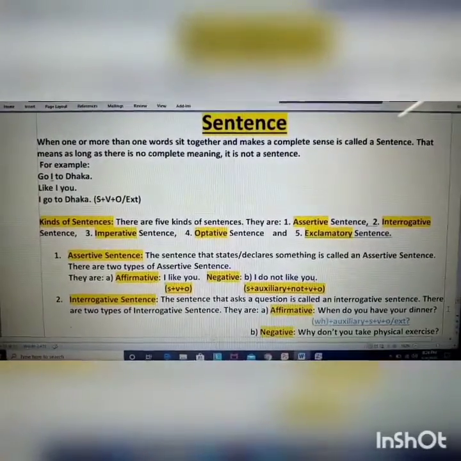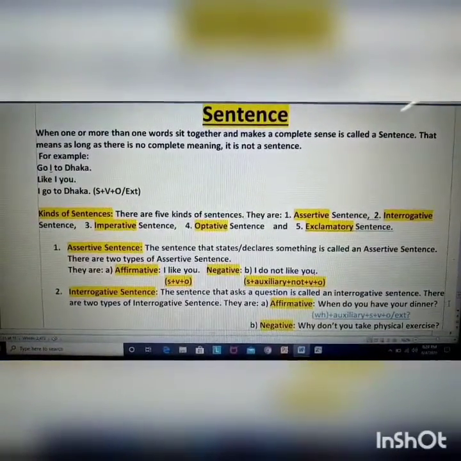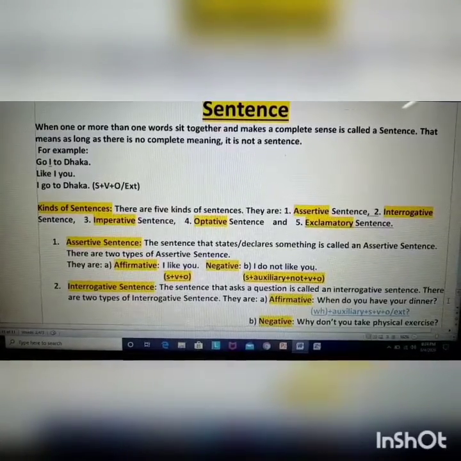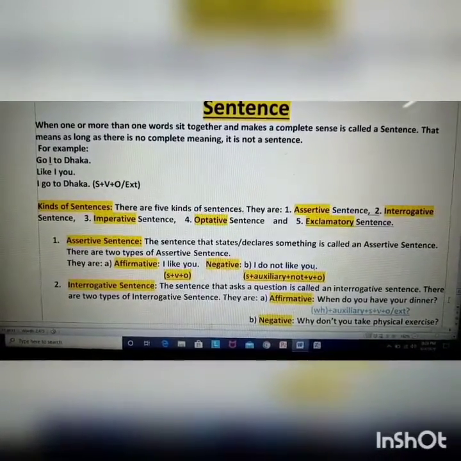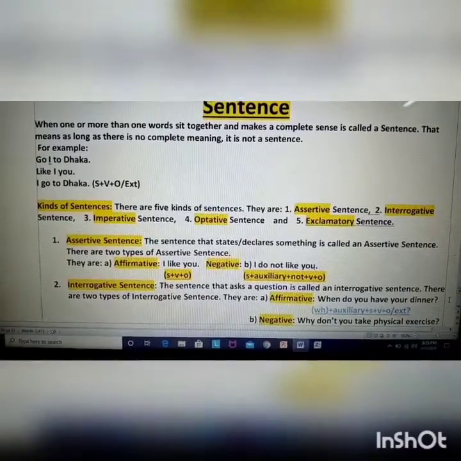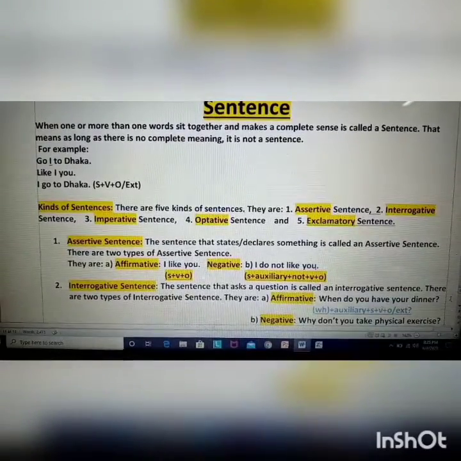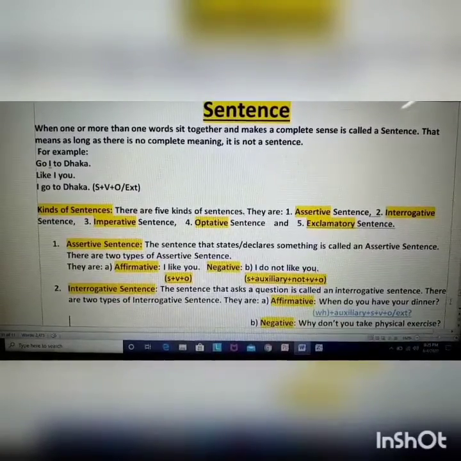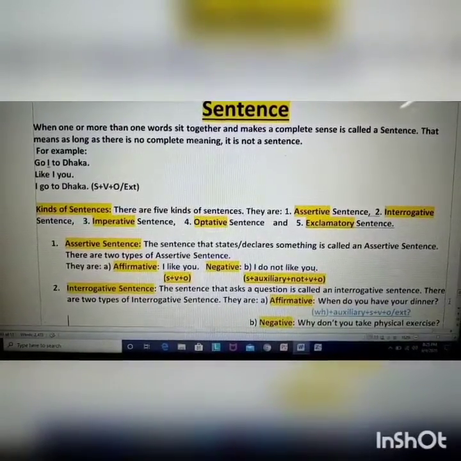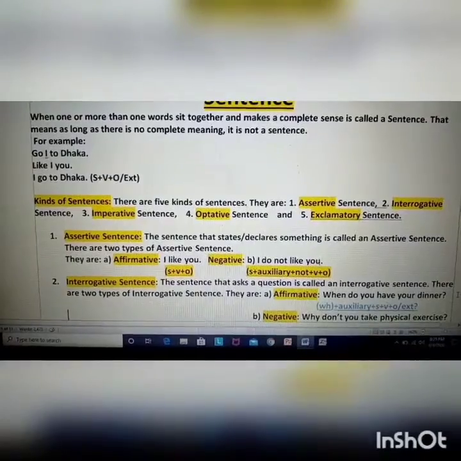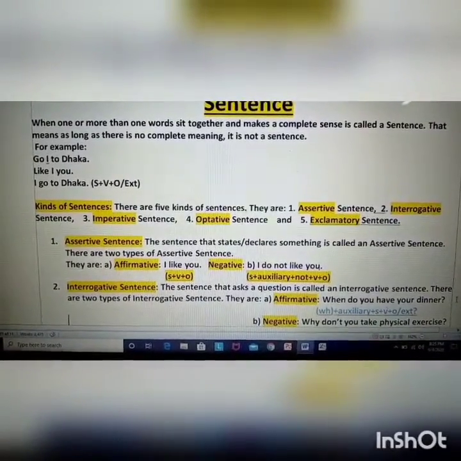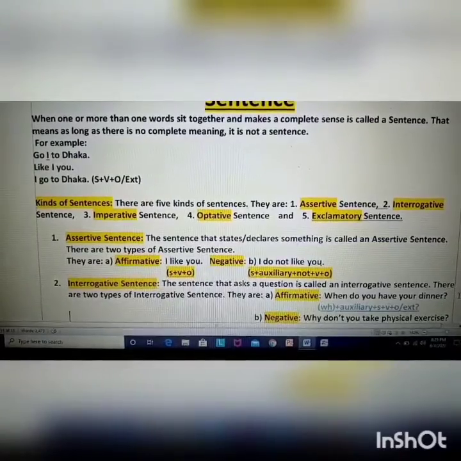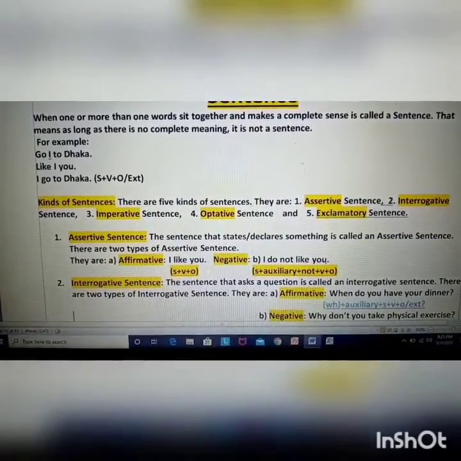So dear students, today's topic is sentence, and it is very important for the students of class 6 and 7, and a very important chapter in grammar too. Before going through the chapter, we have to know what a sentence is. On the screen we can see that when one or more than one words sit together and make a complete sense, it is called a sentence.